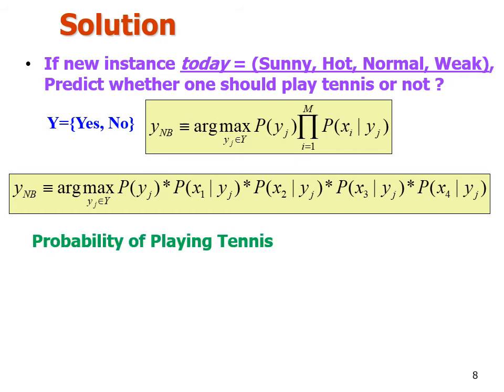Now probability of playing tennis and probability of not playing tennis, that is what we are supposed to find.